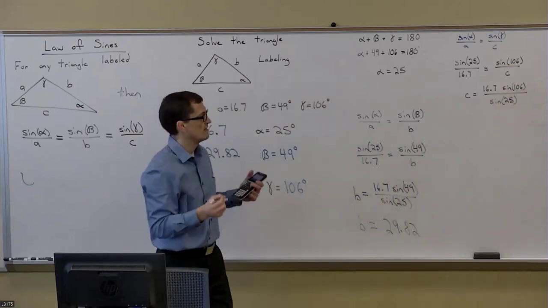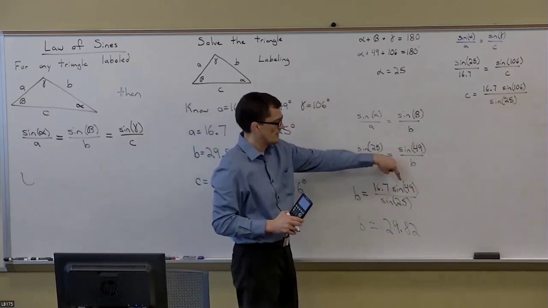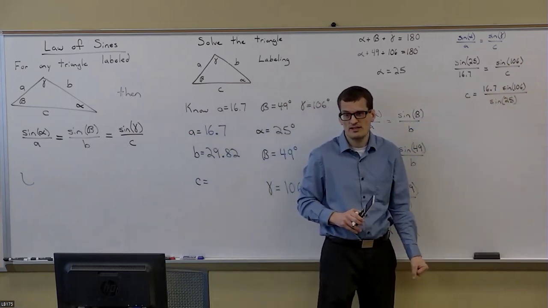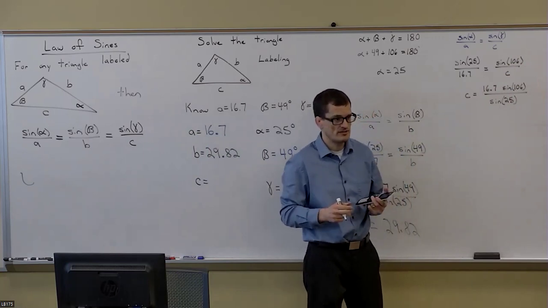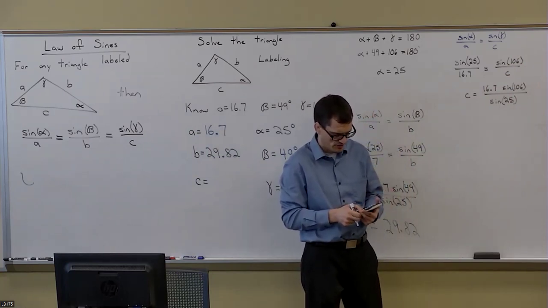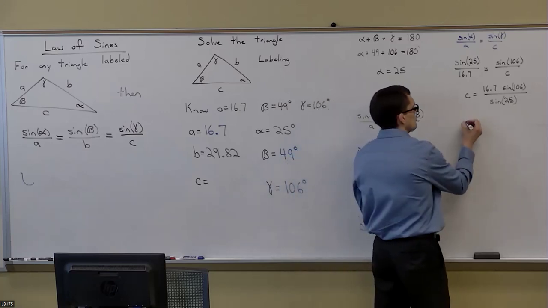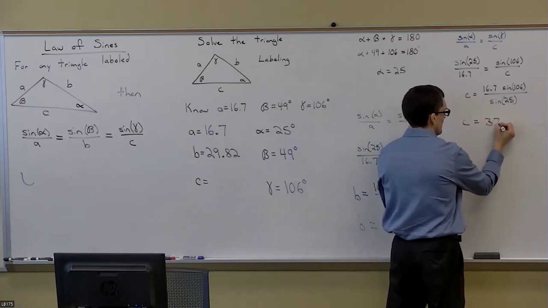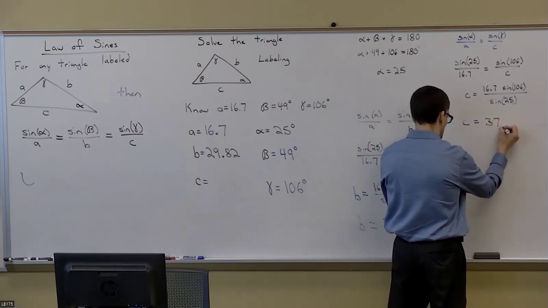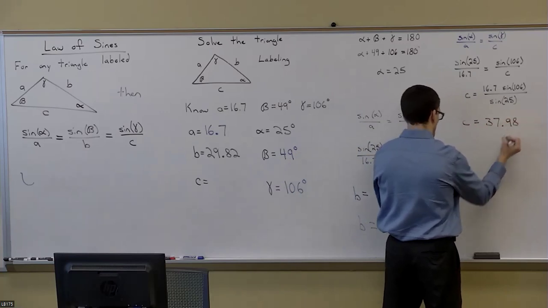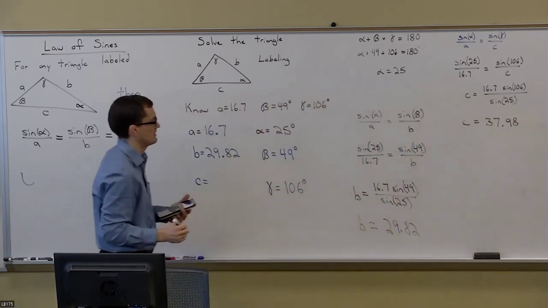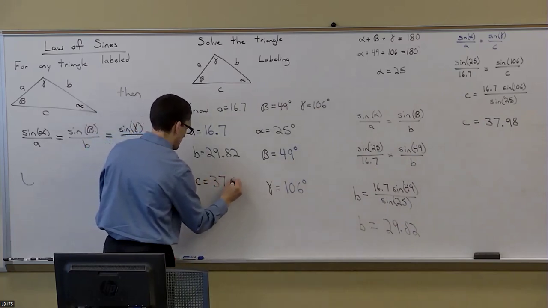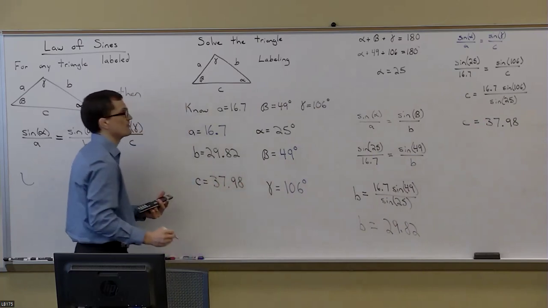So you can, if you want, hit second enter and just change the 49 to a 106 if you don't want to type in the whole thing again. You can type in the whole thing again, it's not a big deal. But once you see that, you can use your second enter key, change the 49 to a 106. And that gives me 37.98 as my value for C.